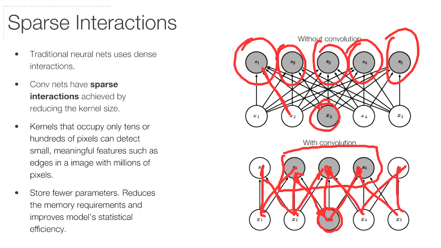Because of these kernels and the weights being scaled within the kernel, the key features of the image can now be summarized into a smaller projected space. That concept is called sparse interactions. You don't have to interact densely, you interact sparsely.